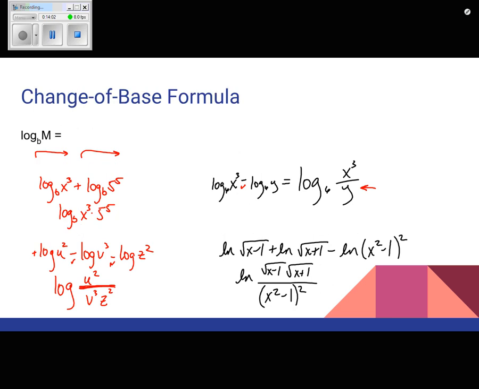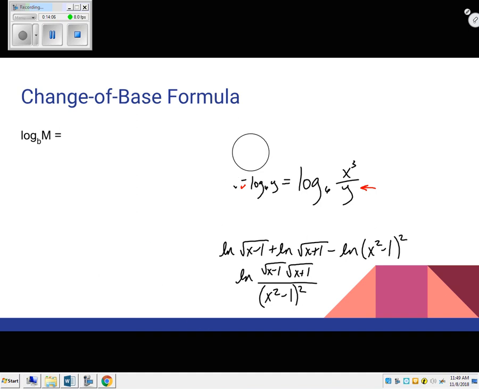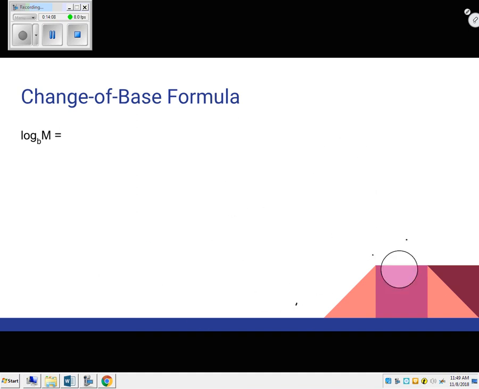Last up, we have the change of base formula. Change of base formula is simply a ratio of logarithms that have a common base. And so we saw some in the homework last night where we always ask ourselves, b raised to what power gives me m, correct? And we did them mentally. Some of them where it was a common logarithm or natural logarithm, we typed them into our calculator.